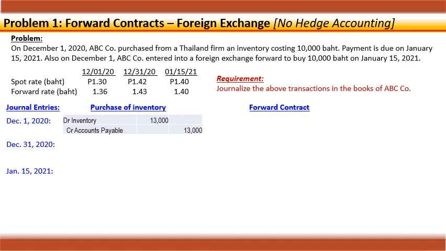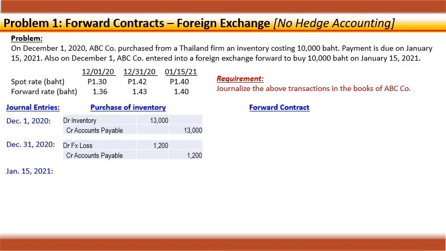That's 13,000. Tapos, December 31, i-remeasure mo si payable kasi siya yung monetary item mo. Sa inventory, hindi mo na siya kailangang i-remeasure because it's a non-monetary item. So, si payable, ano ba nangyari? I-remeasure mo siya again based on the spot rate. From 1.3, naging 1.42 siya. So, dati 1.3 lang babayaran mo.